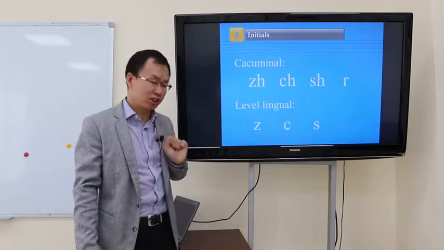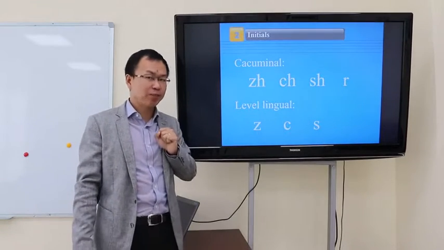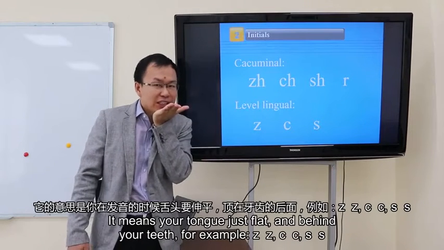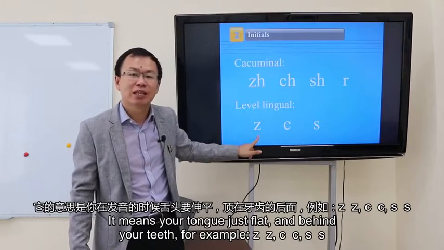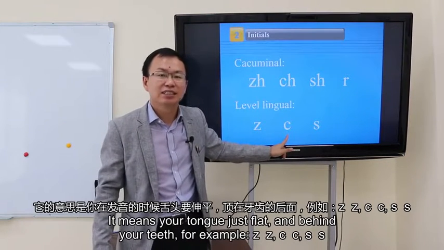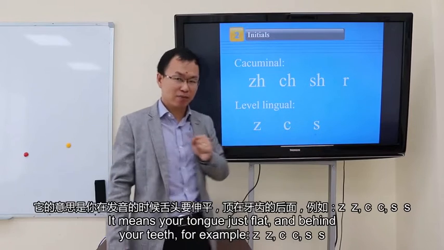And the last 3, we call them blade-alveolar. It means your tongue is flat and behind your teeth. For example, z, z, c, c, s, s.